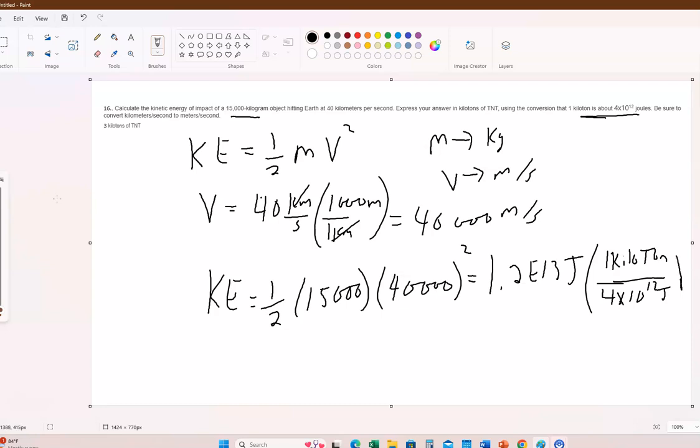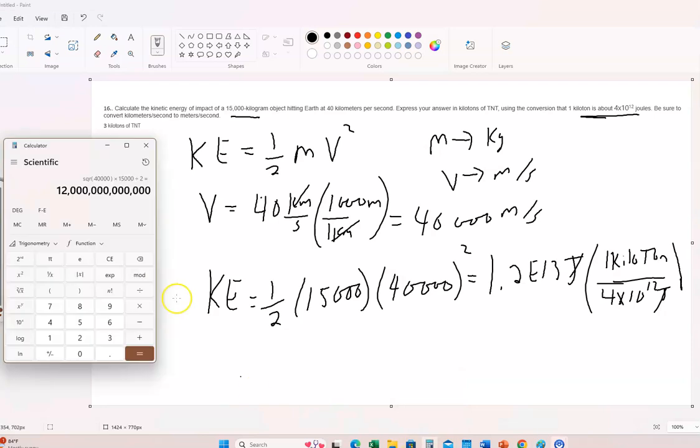So the joules cancel, and I just take that number that's already in my calculator and divide it by 4 times 10 to the 12th, equals. And that's how you get 3, which is what we predicted already.